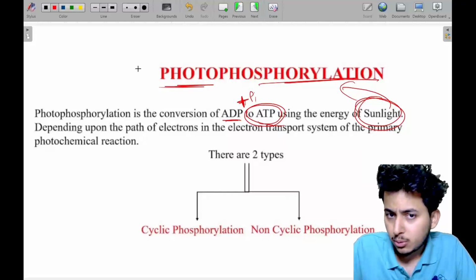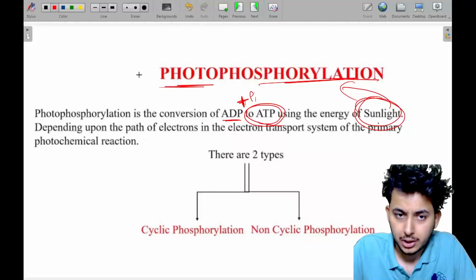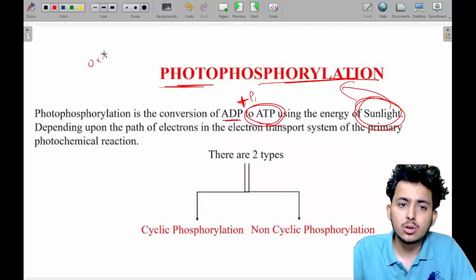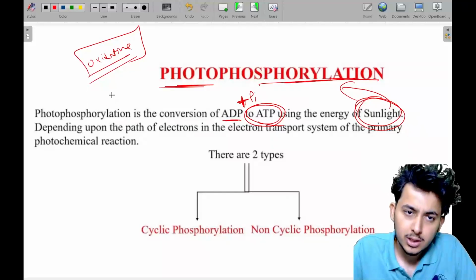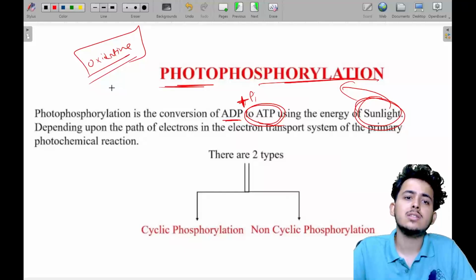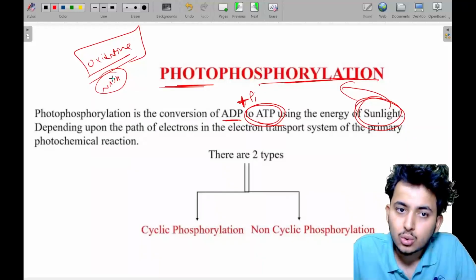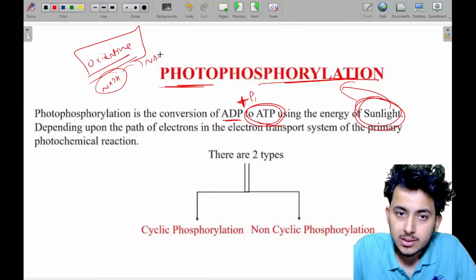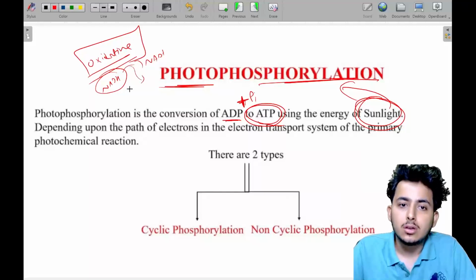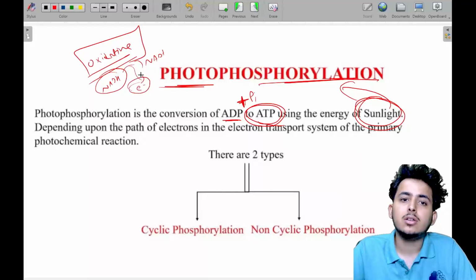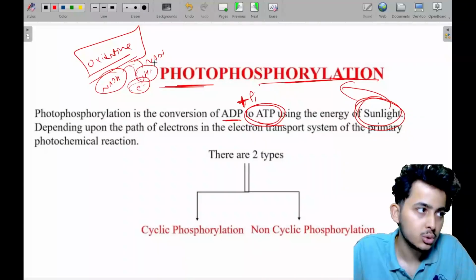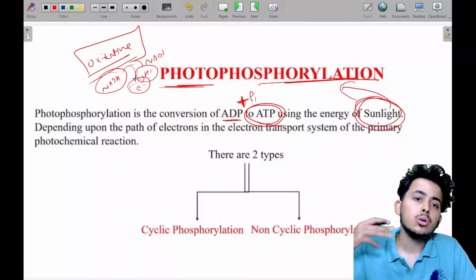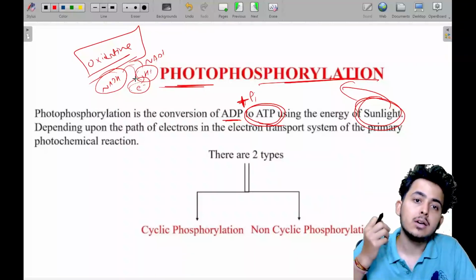In our body, in mitochondria, there is something called oxidative phosphorylation. It is called oxidative because we are oxidizing some compounds, like NADH to give NAD plus, and we are using the energy of the electrons and protons formed in this oxidation reaction to make ATP.